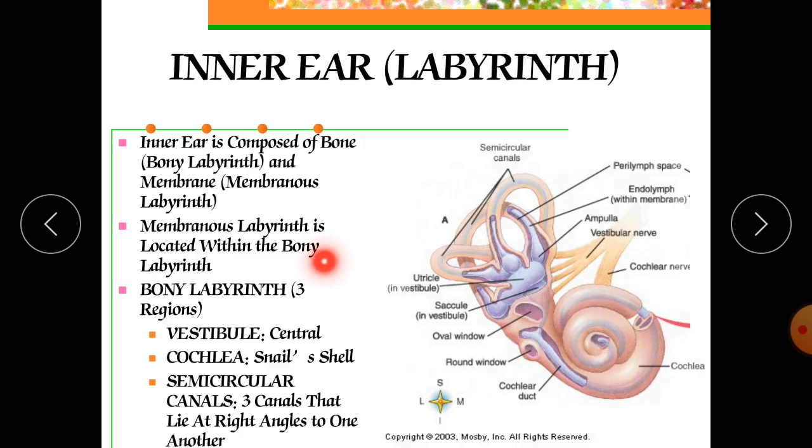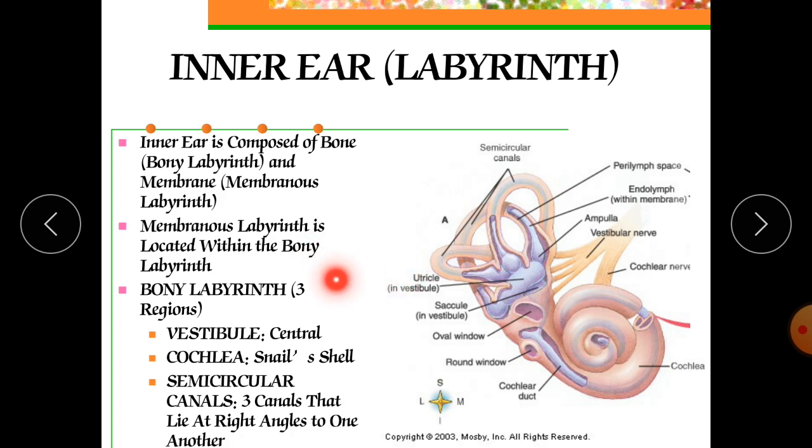Yes, a series of epithelial sacs and tubes inside the bony labyrinth that have the same general form as the bony labyrinth and house the receptors for hearing and equilibrium.